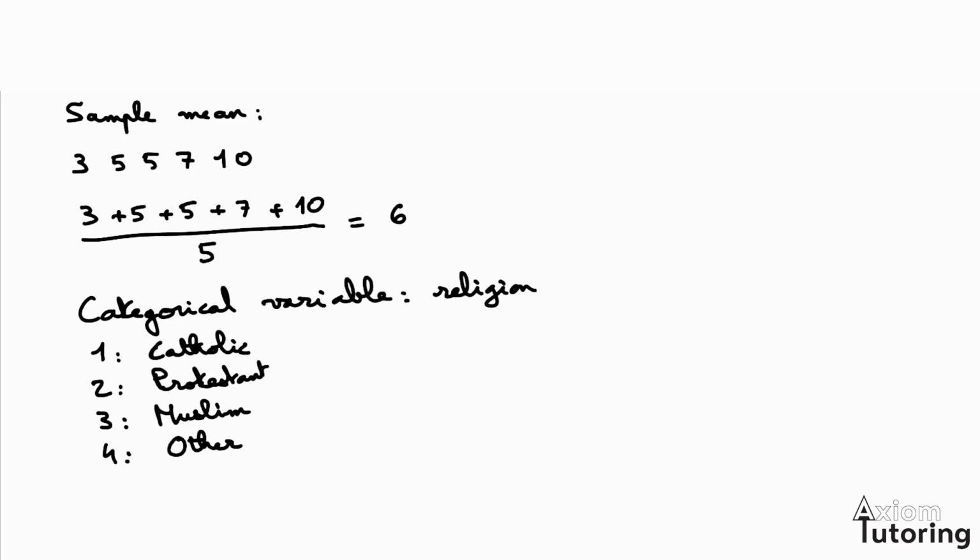Now let's see whether we could calculate the sample mean with that categorical variable. If your variable has been coded like this, when you open your data set, you'll only see those numbers, 1, 2, 3, 4.